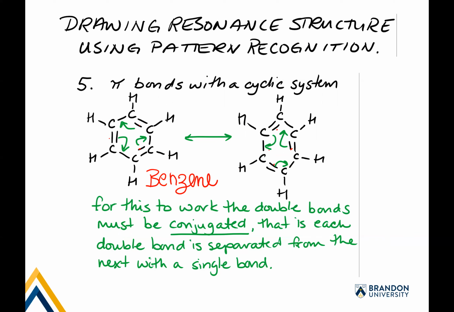At no stage did we make this, because this would fundamentally break our rule: carbon has the same electronegativity as carbon, so we should never, ever do this, making a carbanion and a positive charge like that. So don't do that.